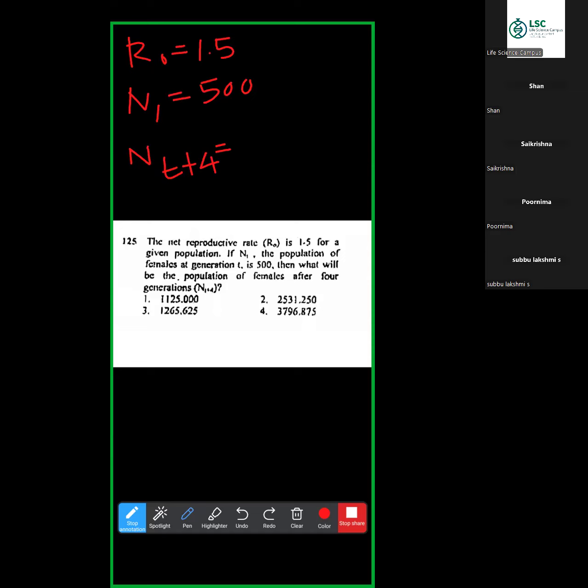So we have an equation for finding out the population size of a future generation. Do you remember that equation?